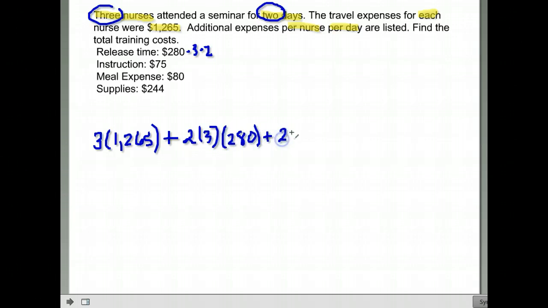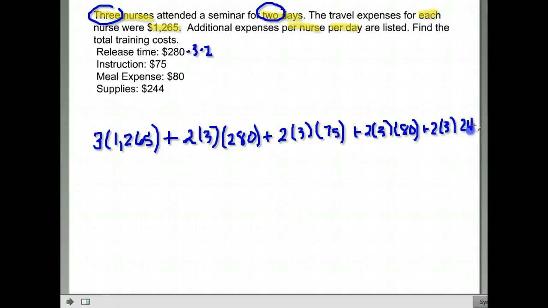Plus instruction, again, 2 days, 3 people, $75 a person. We multiply those. Meals, 2 days, 3 people, $80 a person. And finally supplies, 2 days, 3 people, and $244 in supplies. Now I'm doing all of these times 2 times 3 except for the first one. It's just times 3 people.